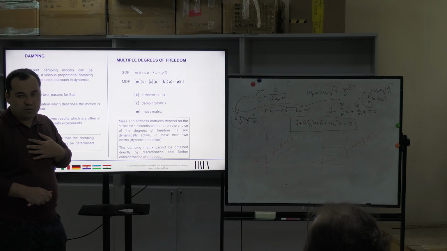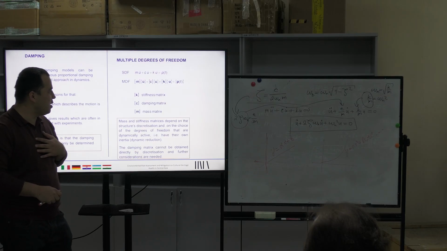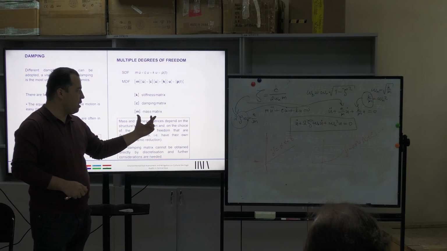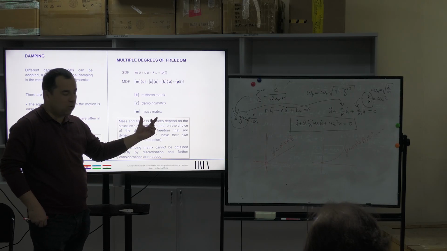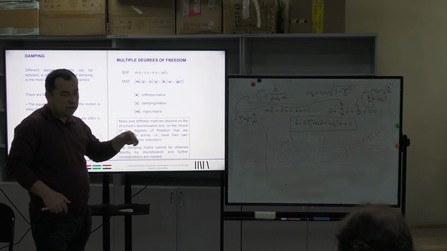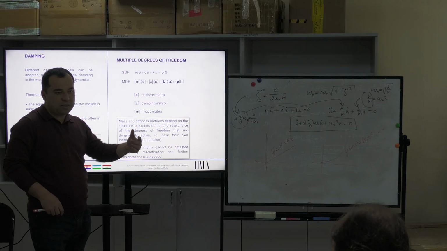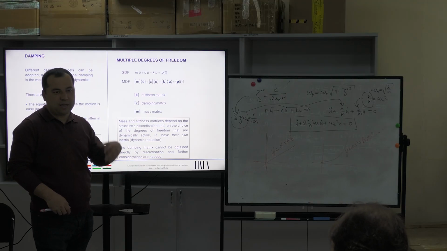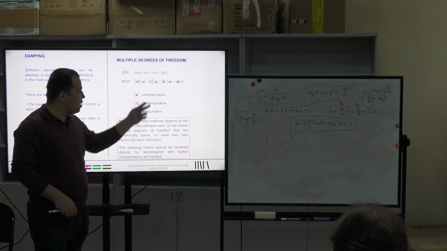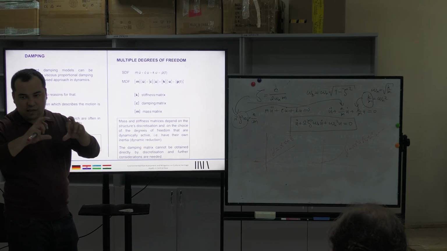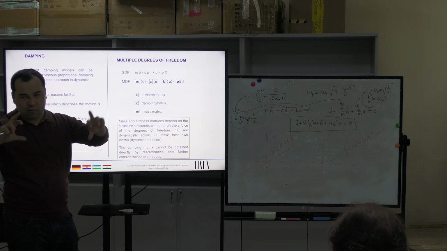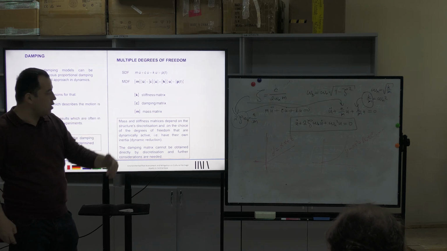Okay? Now matrix. In this case we are not going to stop with a single matrix. We were continuing with a single number, a scalar number. Now we start with the matrix. In the multi-degree of freedom case, a 2 by 2 matrix is the simple case, and then 3 by 3, and so on, increasing diagonally.